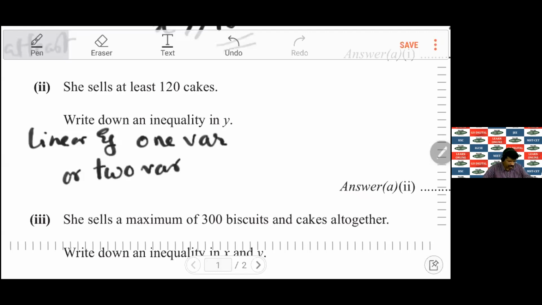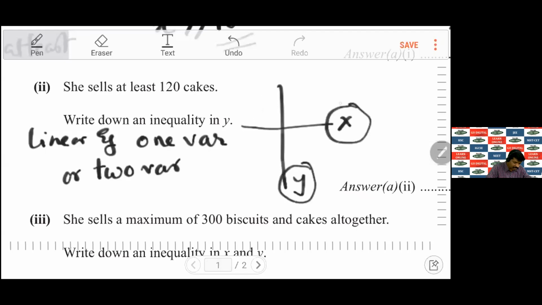But here, in this graph, you always have something like this: the x-axis and the y-axis also. So we'll always be dealing with two variables. You have to understand it properly.